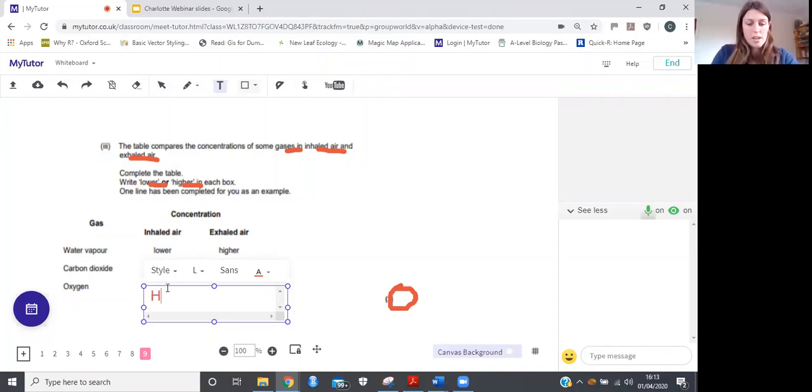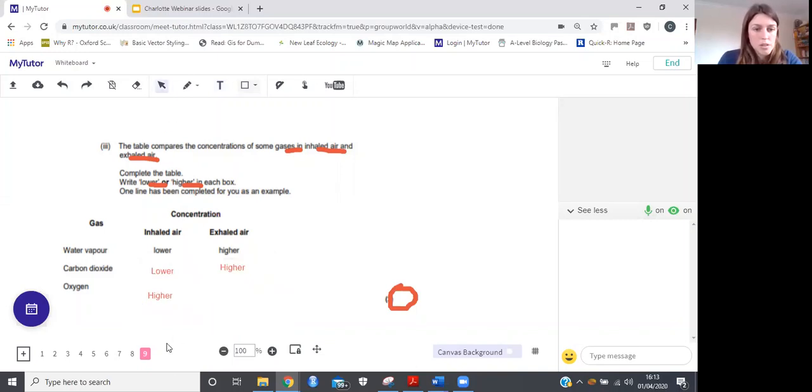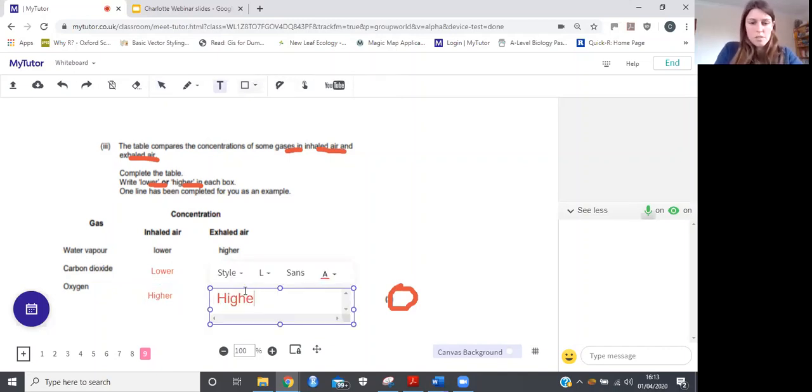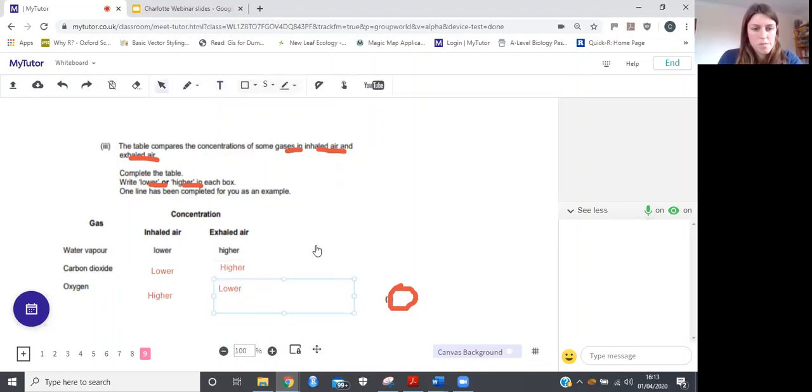So in inhaled air, it will be higher. Just alter the size of that box so that we can write next door. Lower in exhaled air for oxygen. Nice, 2 marks in that question there.